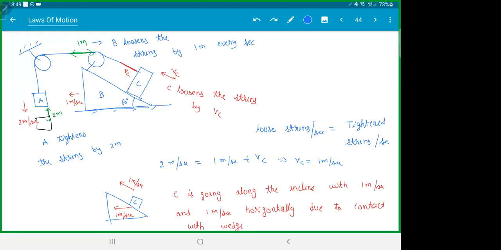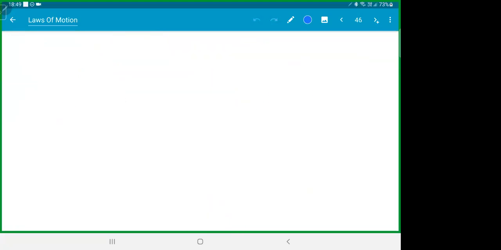So that's about the string constraints. So the main methods there. Next thing is a rigid body constraint. So what is this? First of all, what is a rigid body? The definition is pretty simple.